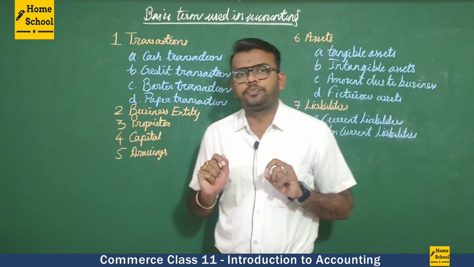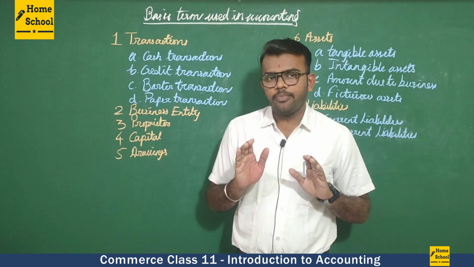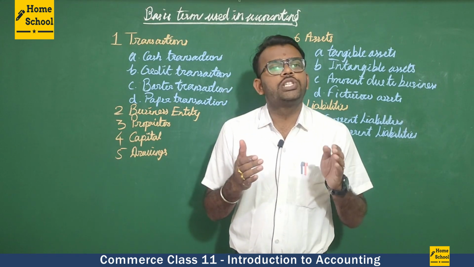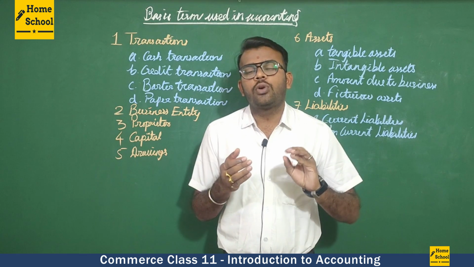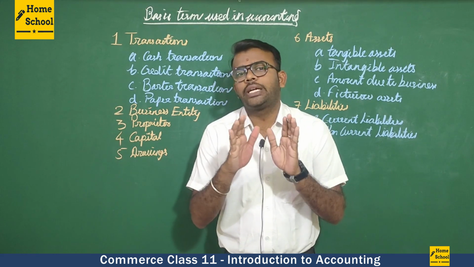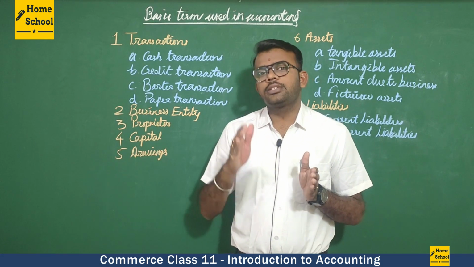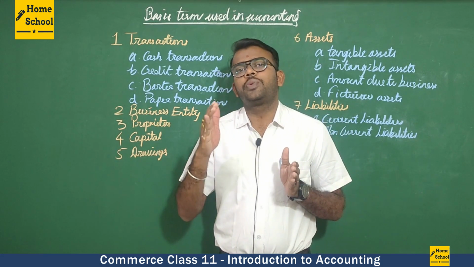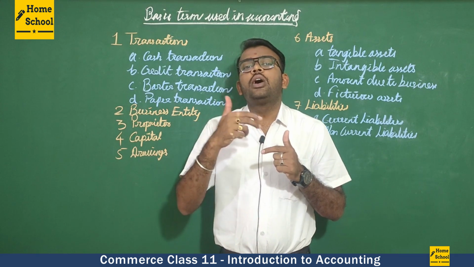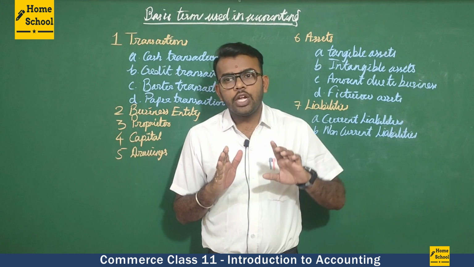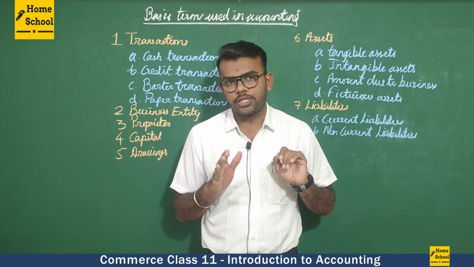Paper transaction. For example, you bought a vehicle, say a car, worth 5 lakh rupees on 1st January 2023. After 2 years, that is on 1st January 2025, you need to buy one more car by selling the old car. You bought it for how much? 5 lakh rupees.